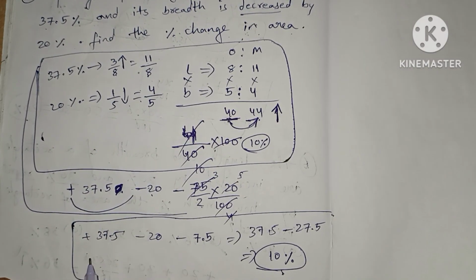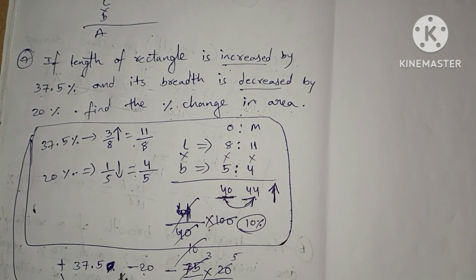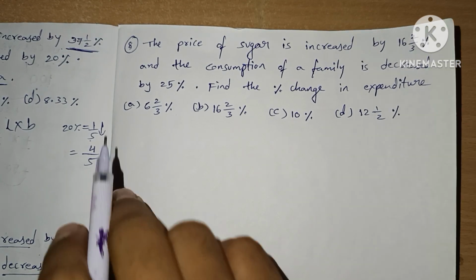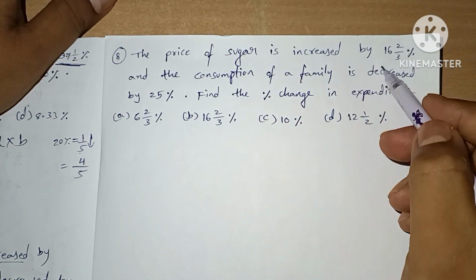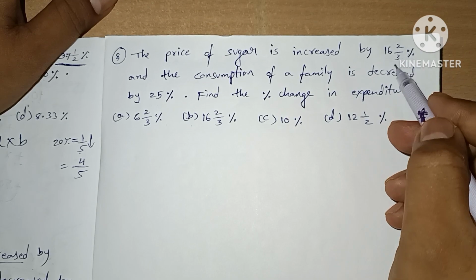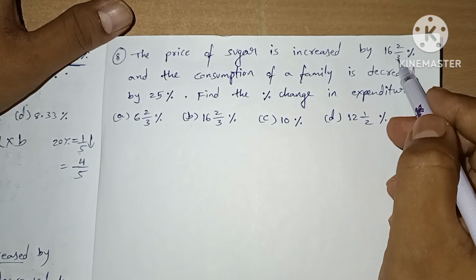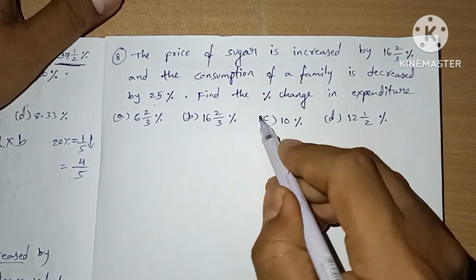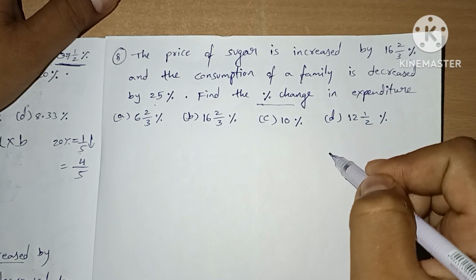Even though we have a shortcut, why do I teach you the basic traditional method? Because of this question. Let's see this question. The price of sugar is increased by 16 2 by 3 percentage, and the consumption of the family is decreased by 25 percentage. If it is given like 16 2 by 3 percentage and 25 percentage, then how can we find according to the formula?